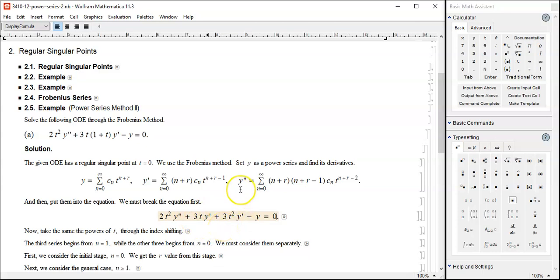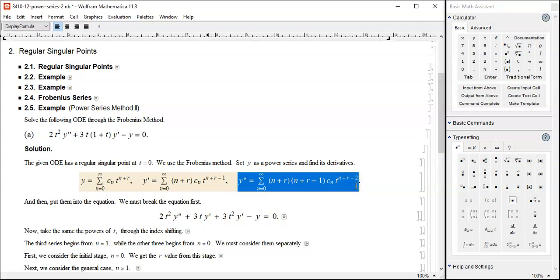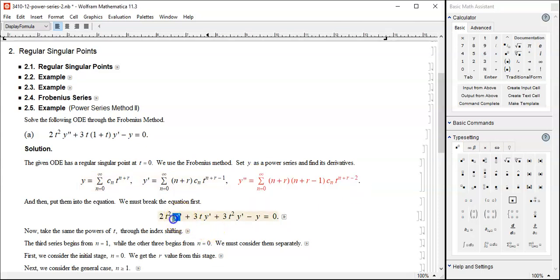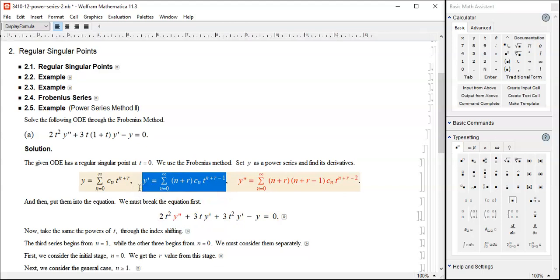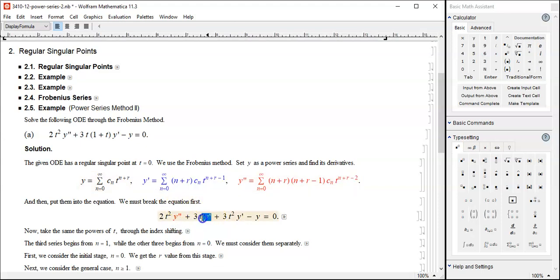And then let's bring in y double prime as this. And then y prime is this. And then y is going to be the original Frobenius series.